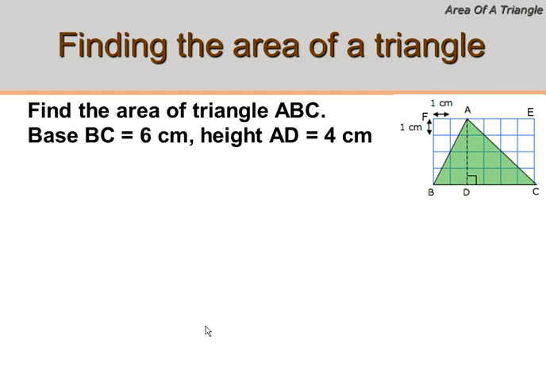Now find the area of triangle ABC with the base 6 cm: 1, 2, 3, 4, 5, 6, and the height 4 cm. AD is the height, BC the base.